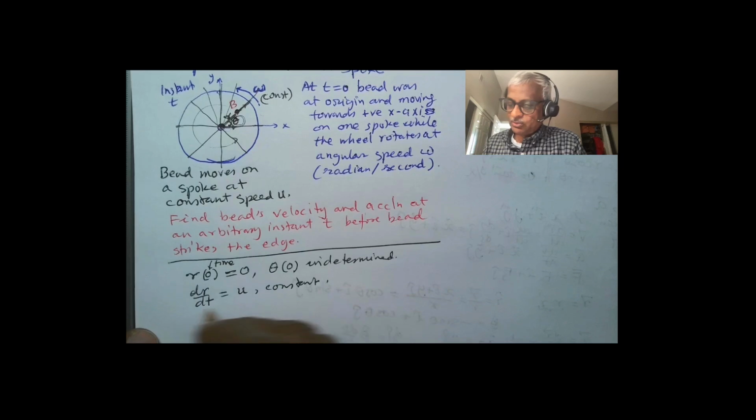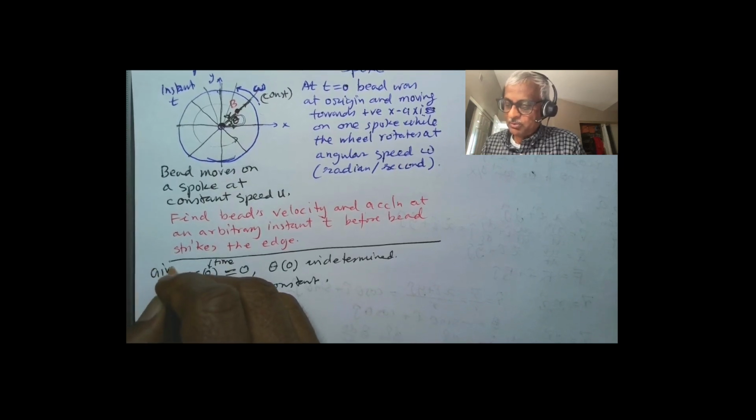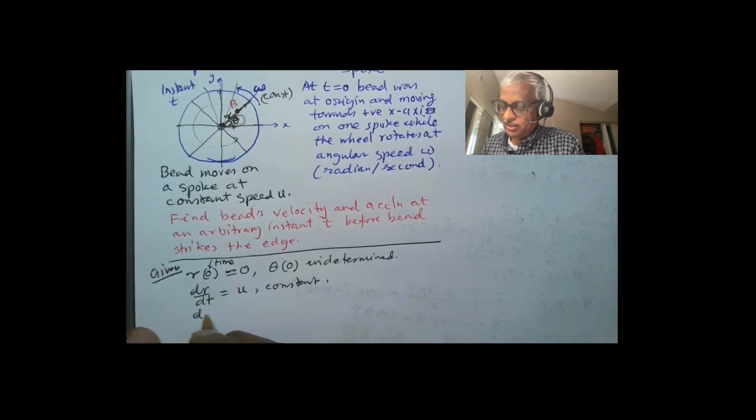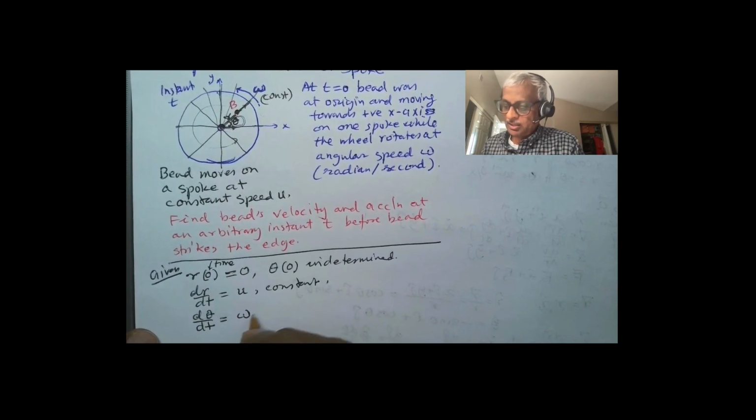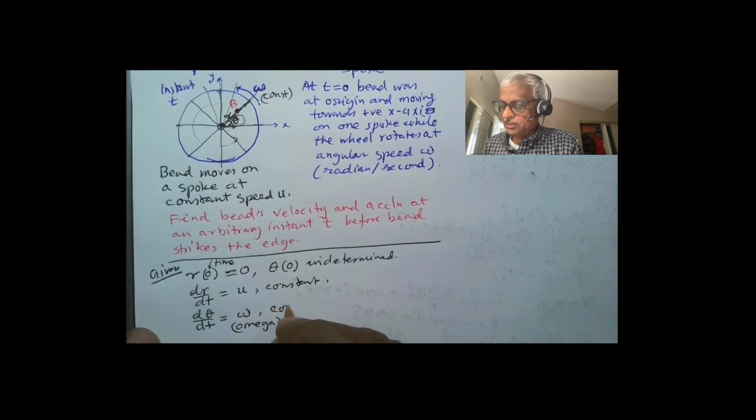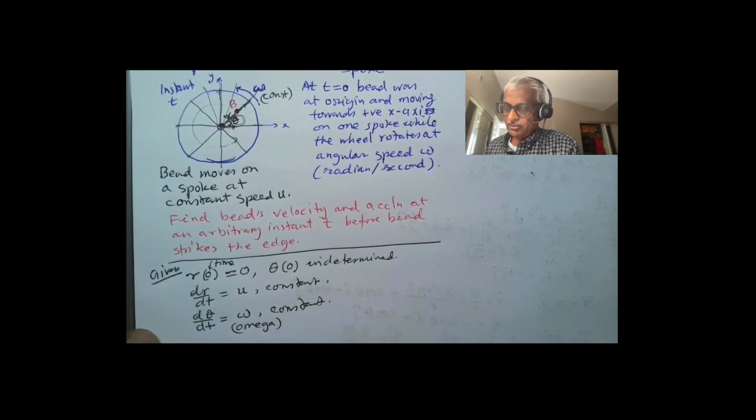So that's another. These are given, so we first write those things down. d theta/dt is omega, and that's constant. That's also given. Okay.